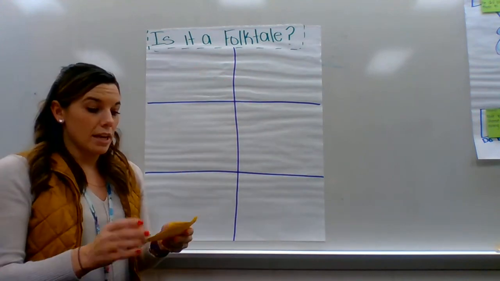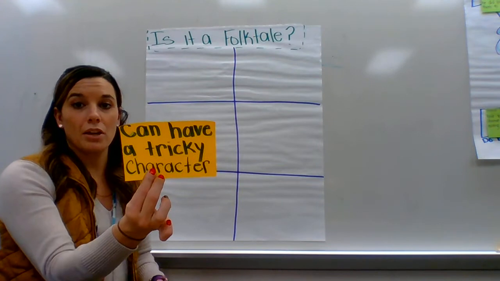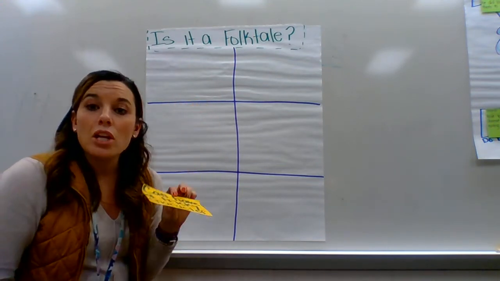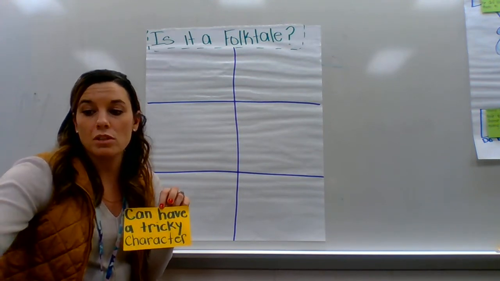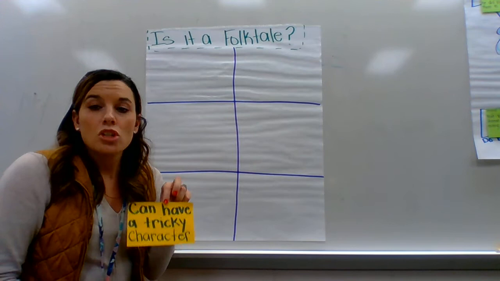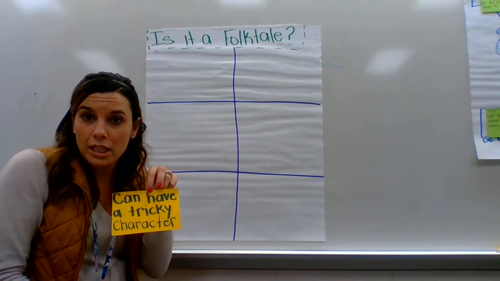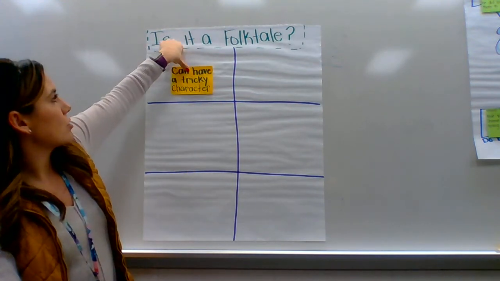So a folk tale can have a tricky character. And now you've already heard the antelope story, how the antelope outsmarted cheetah. So you can already start thinking about, did that story have a tricky character in it? Okay, so folk tales can have a tricky character.